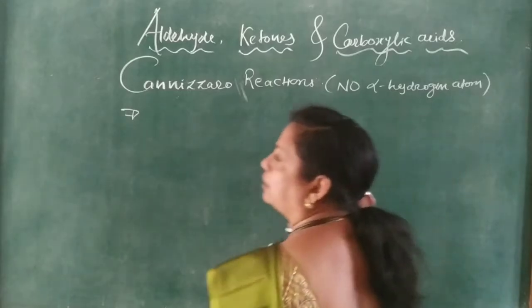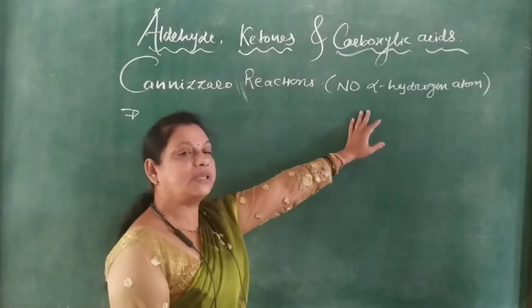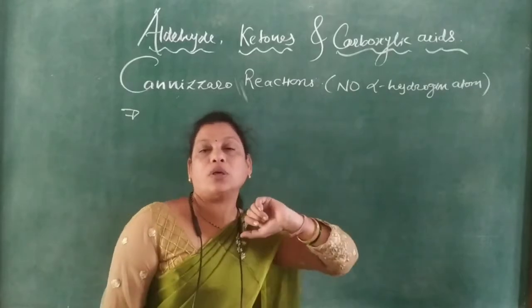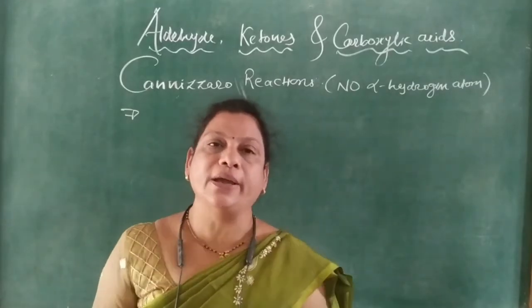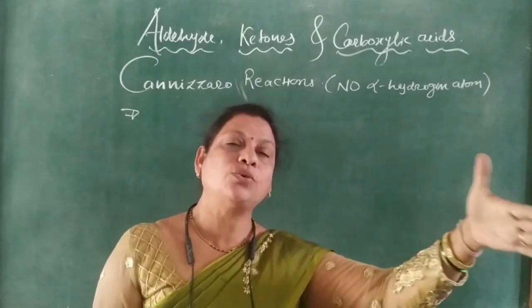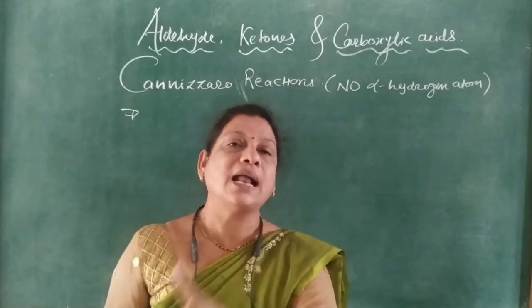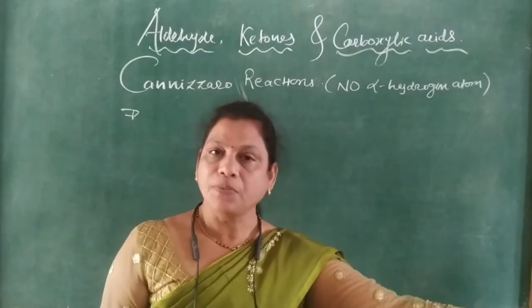So when aldehydes with no alpha hydrogen atom are treated with concentrated and strong alkali like NaOH or KOH, then one aldehyde molecule gets oxidized to acid, whereas another molecule of aldehyde gets reduced to alcohol.